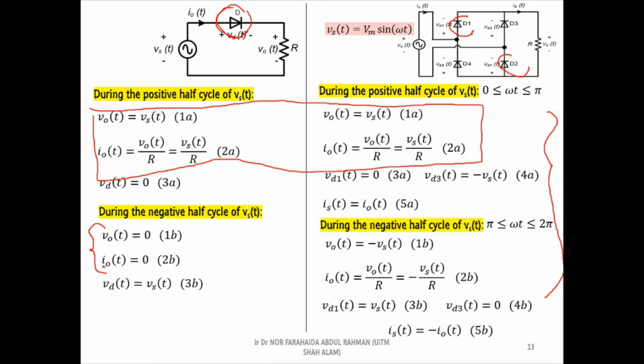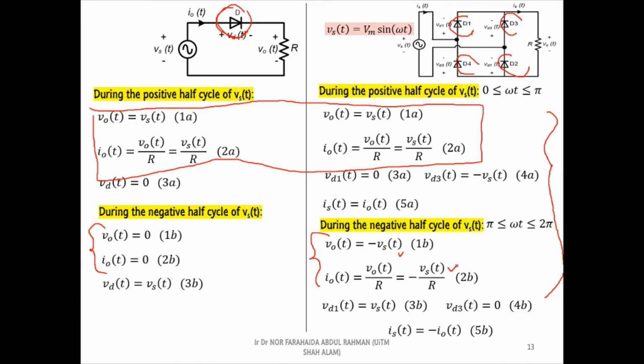On the other hand, in the full wave rectifier, diode D3 and D4 are in forward bias. Hence, the current is still flowing to the load. Based on the output voltage and output current equation, we can see that the wave shape of both parameters are following the shape of the supply voltage.